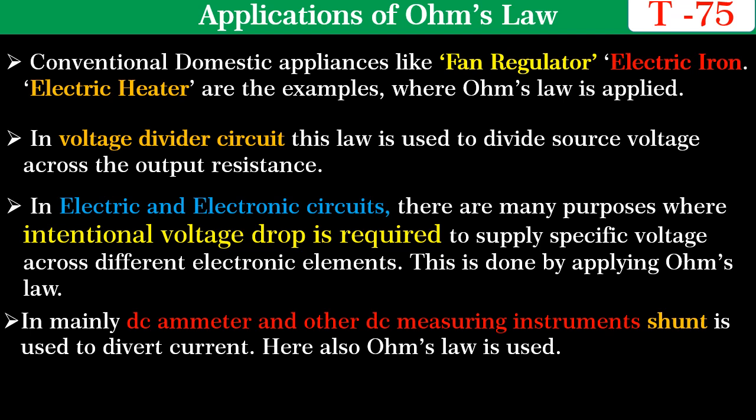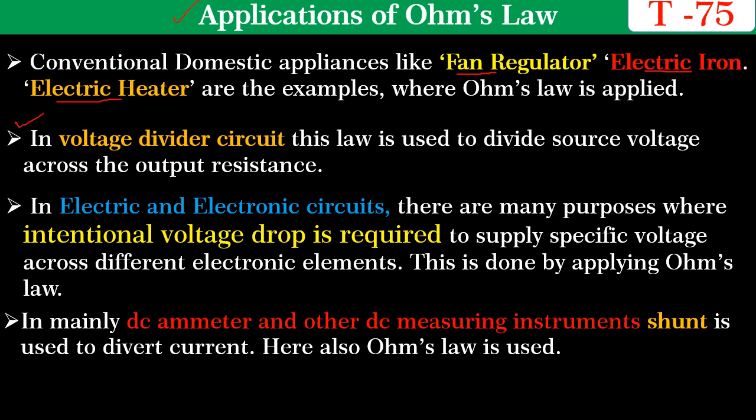Friends, next we shall see the applications of Ohm's law. The conventional domestic appliances like fan, regulators, electric iron and electric heater are the examples where Ohm's law is applied.